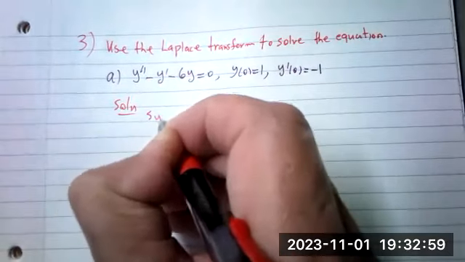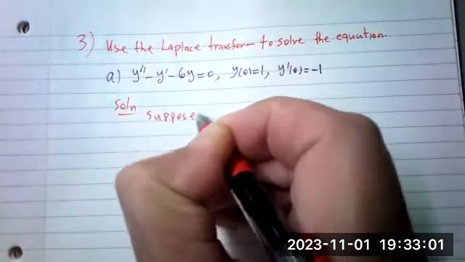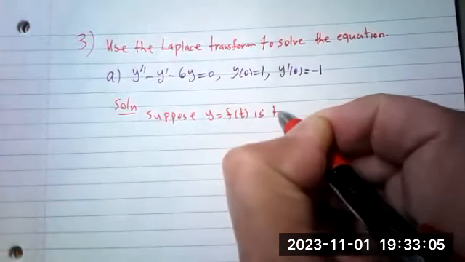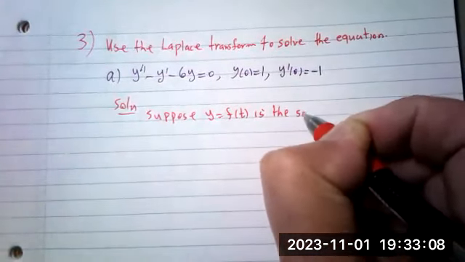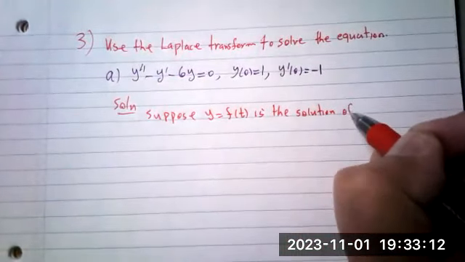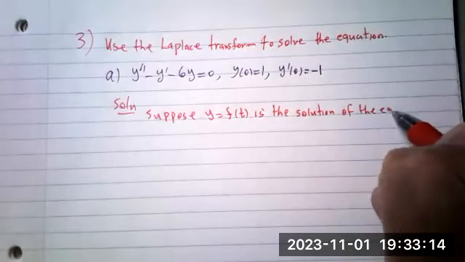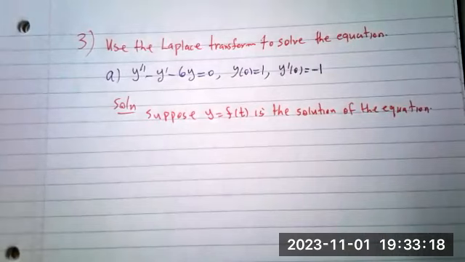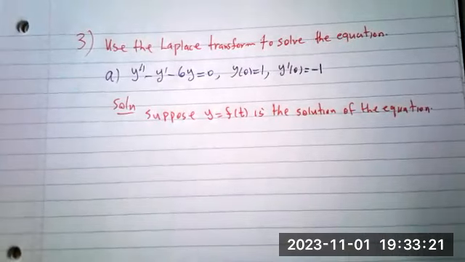You suppose y equal to f of t is the solution of the equation. I change it. Some people don't change it; they stay with y of t, but I don't.